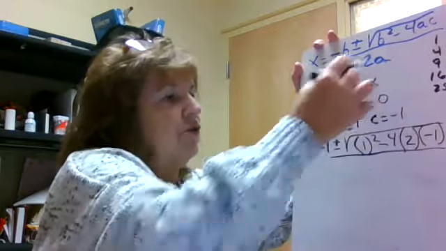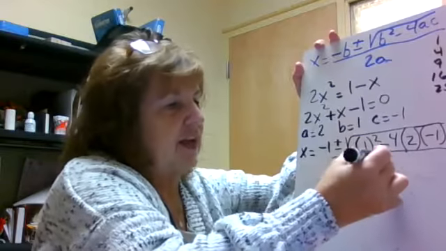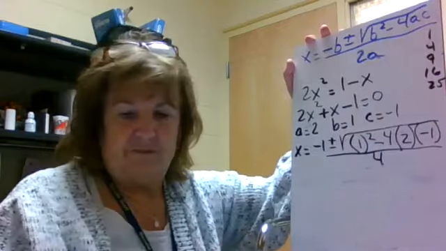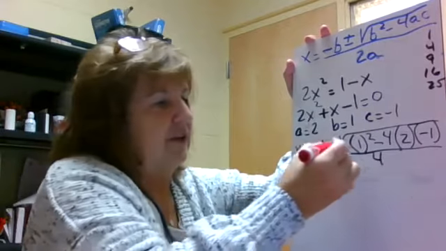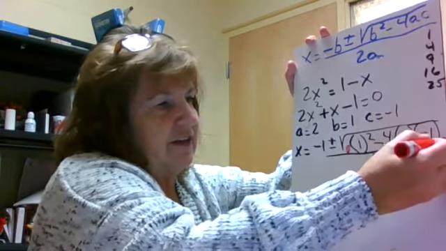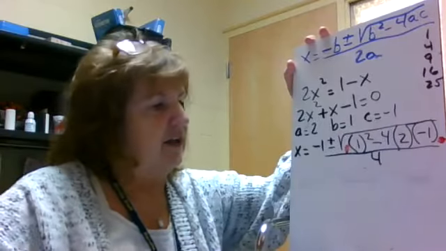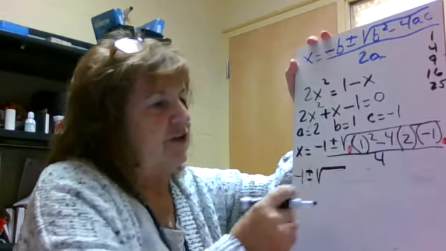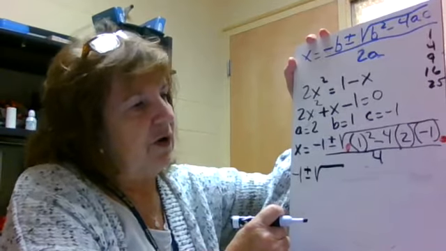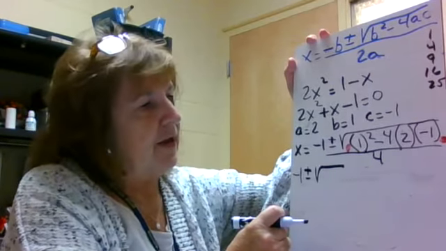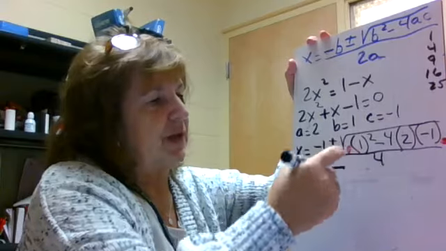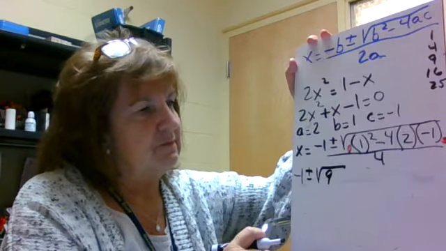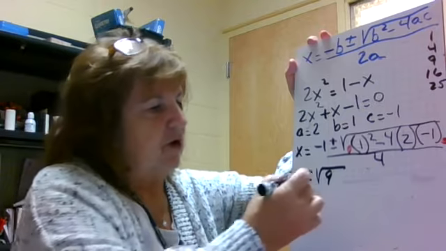All over 2 times A. Well, 2 times A is 4. Now again, from dot to dot. So negative 1 plus or minus the square root is going to end up to be a 9. All over 4.